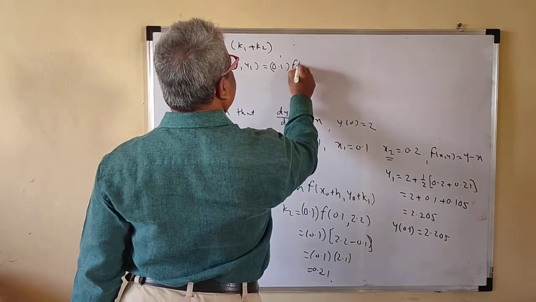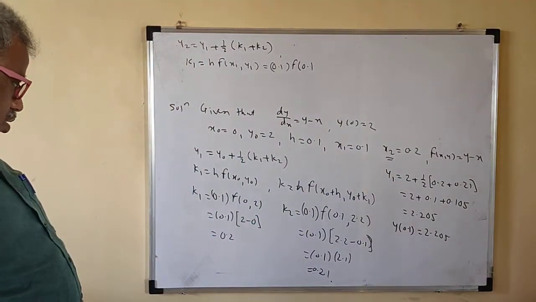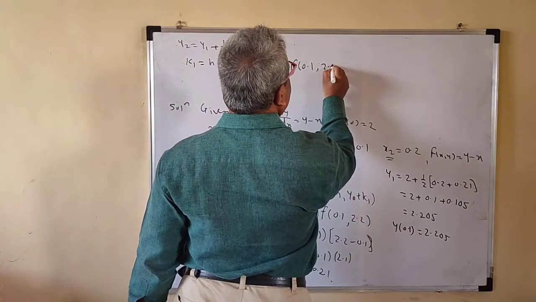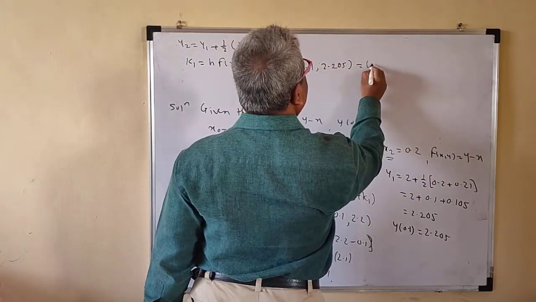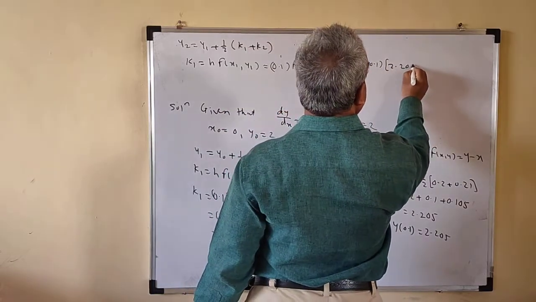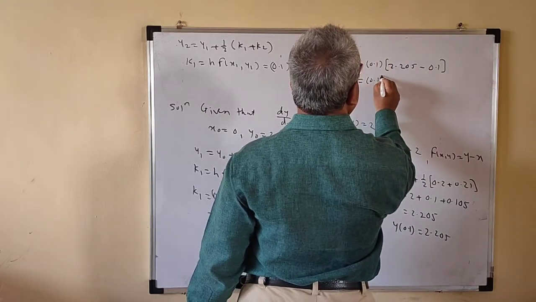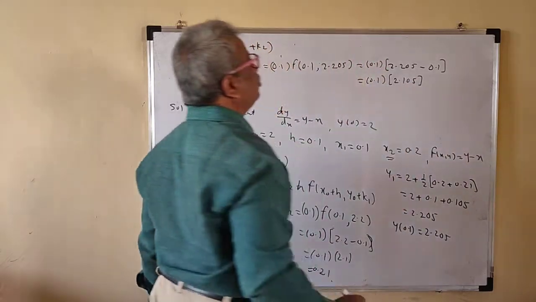So f of x1, y1, where x1 is 0.1 and y1, which we just calculated, is 2.205. So this is 0.1 into 2.205 minus 0.1, so 0.1 into 2.105.